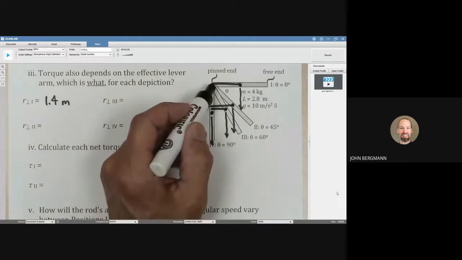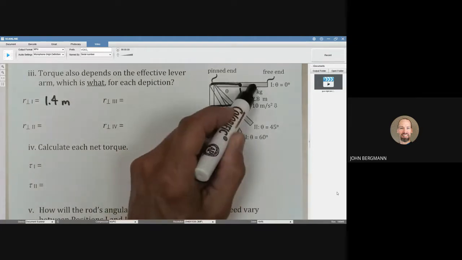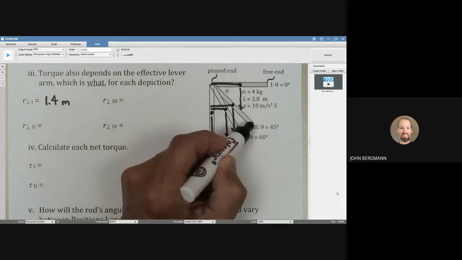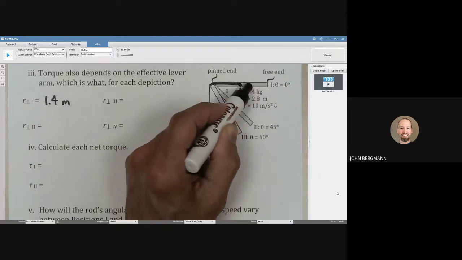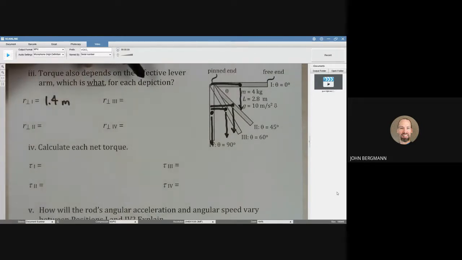So the ratio would be the hypotenuse is a 7 and each of the legs is a 5. Well, if this hypotenuse is 2.8, then that means that these legs are 2. And if the legs are 2, then halfway over here is going to be 1. Position 2, the effective lever arm is going to be 1 meter.